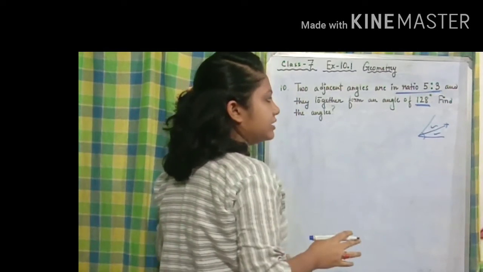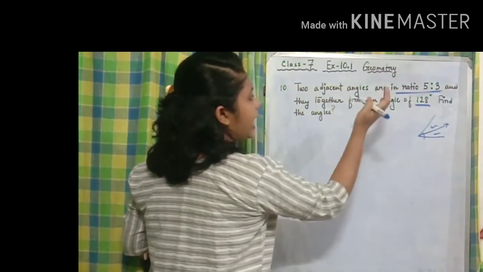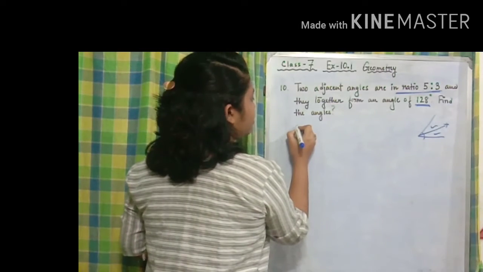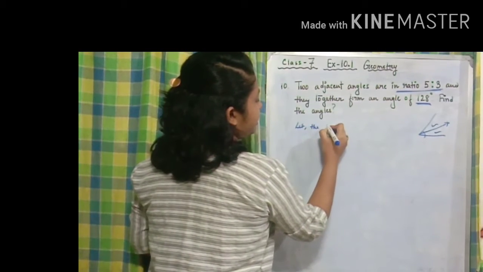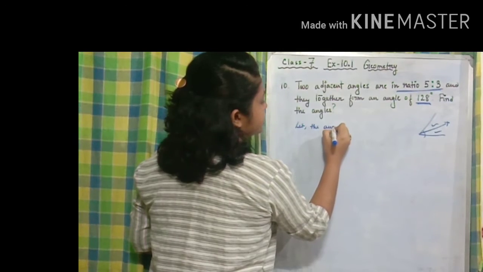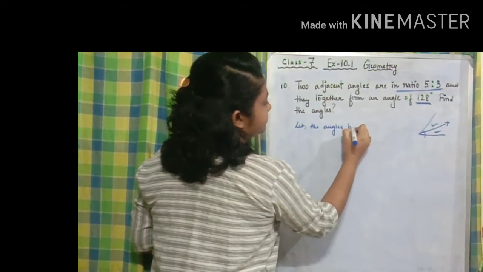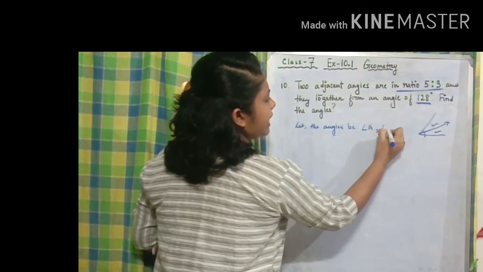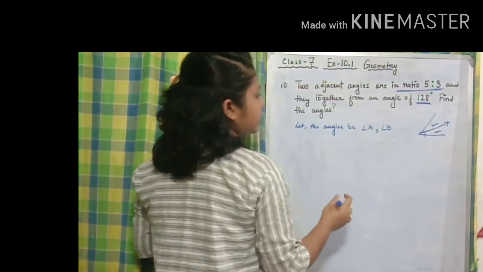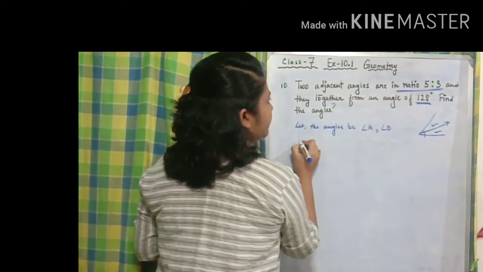So find the angles. Now first of all, we have to deal with the ratio. So let the angles be angle A and angle B. Alright. Now, what we have to know?